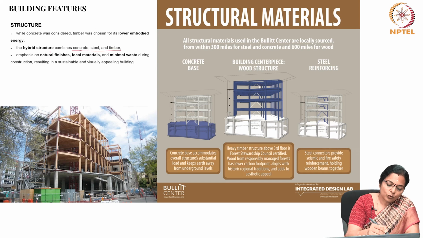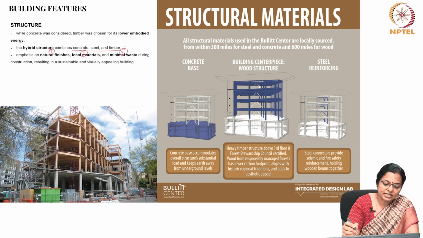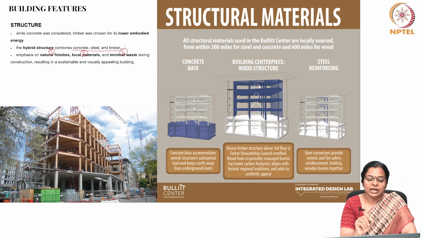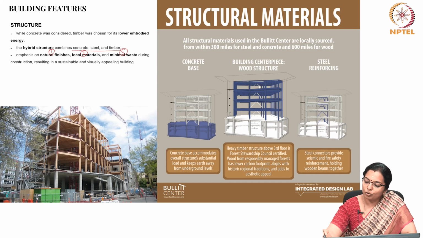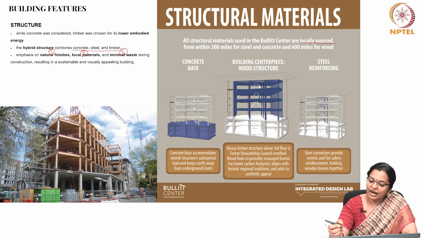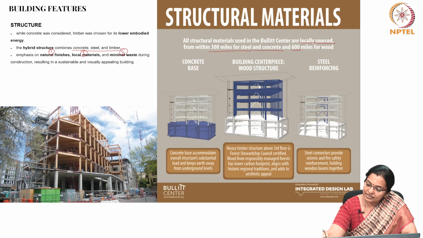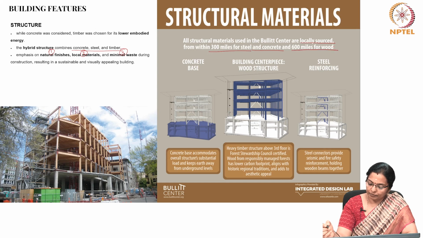The emphasis was on natural finishes, use of local materials, and minimal waste during construction, resulting in a sustainable and visually appealing building. All the structural materials used in the Bullitt Center were locally sourced, within 300 miles for steel and concrete and 600 miles for wood.